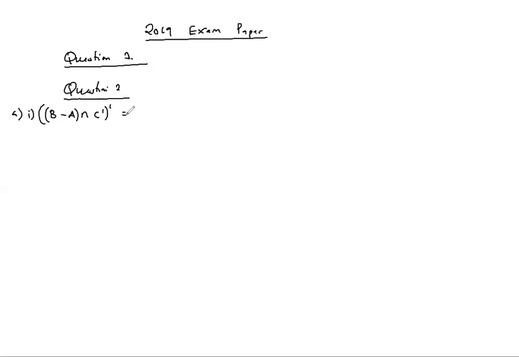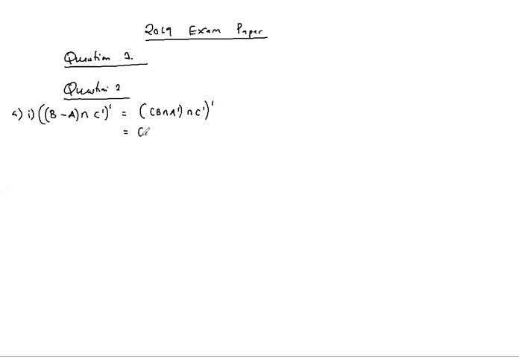First thing is you change the minus. Follow the steps. You don't bring the complement outside before changing the minus. So first you change the minus. Go in the brackets and make it B intersection A complement intersection C complement, and then complement. Then we go inside the brackets and take the complement from outside inside.